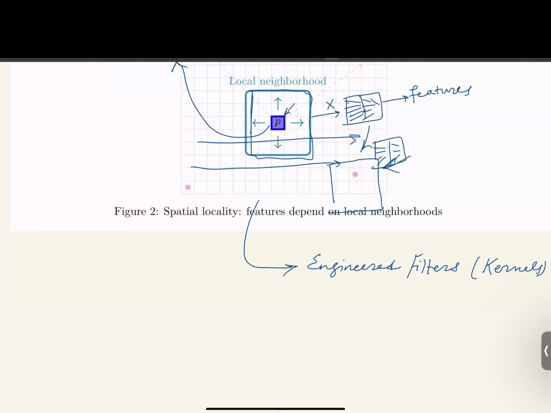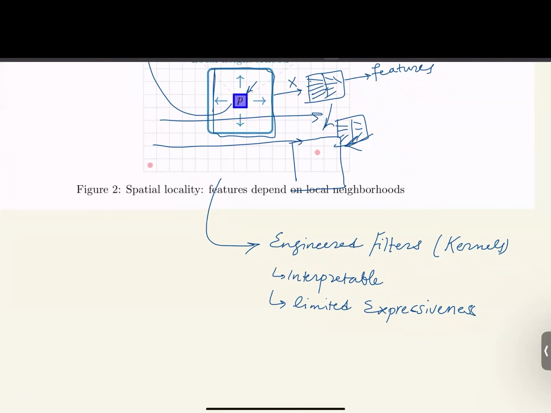We know what they are doing, what they are looking for. However, they have limited expressiveness. They can only detect a simple predefined pattern that they are designed for. We have to make a decision which filters or kernels to use.